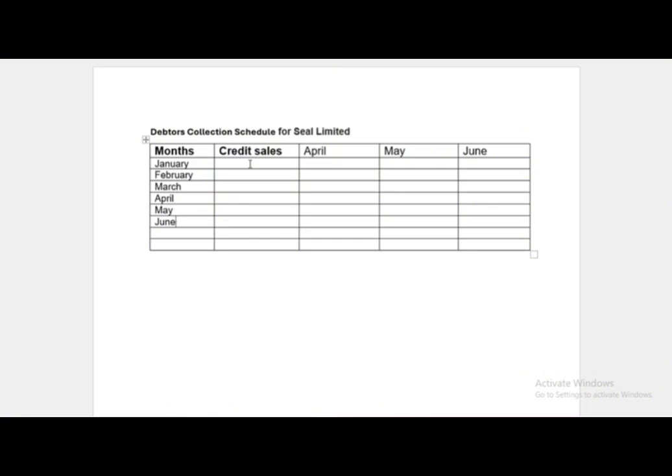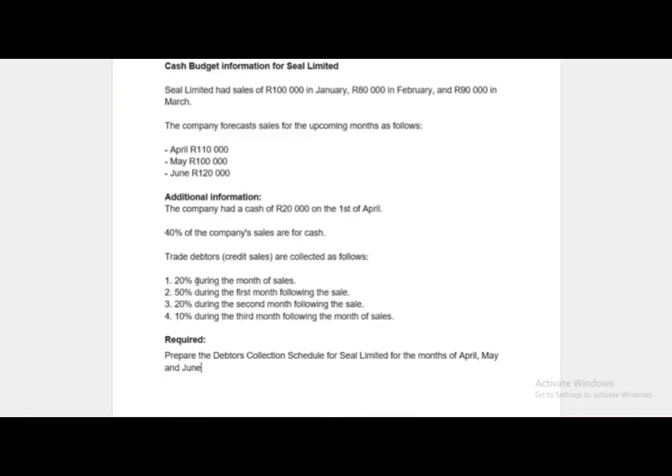All right. The information in the question says that 40% of the company's sales are for cash, right? That means 60% of the sales are on credit. The 40% is for cash, 60% is on credit, right?